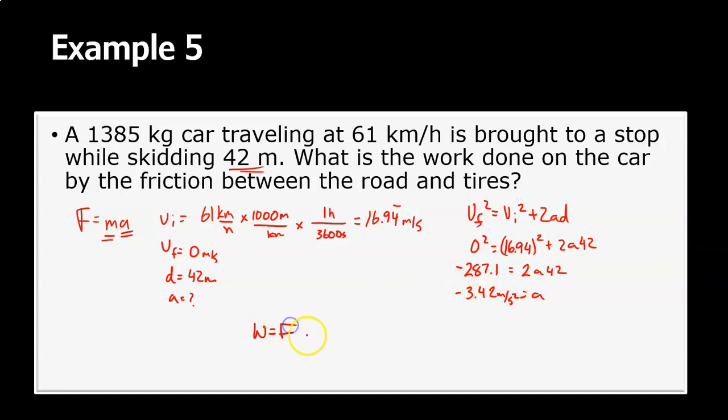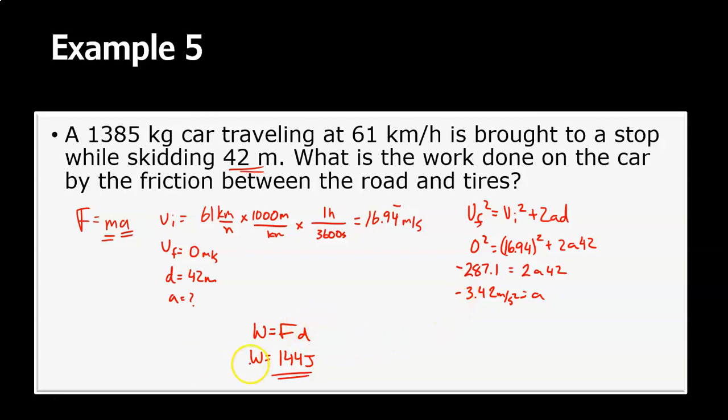And work is equal to force times distance, which means you're really just multiplying by 42. To 3 significant digits, that's 144 joules of work done. Notice work is not a vector, so we're not worried about the direction with that acceleration.